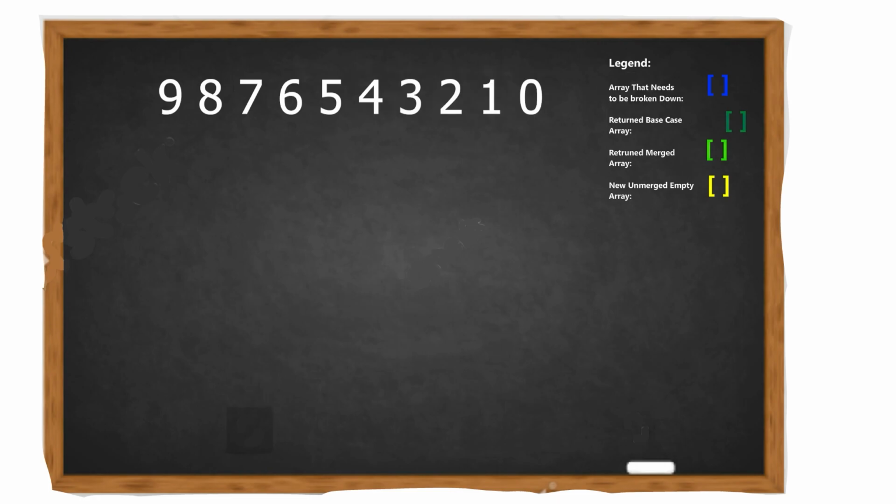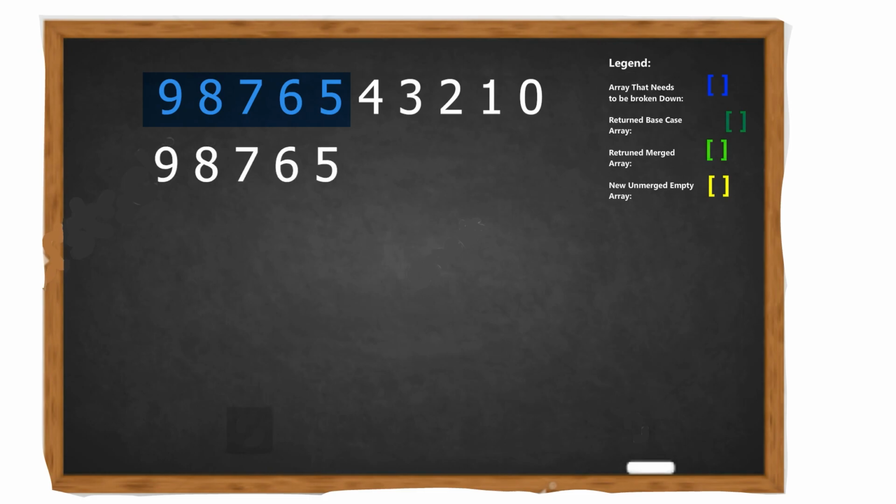The first iteration is done, and now we have to call the recursive function again, and let's go with the left half. On the left half, we've got 9, 8, 7, 6, and 5.